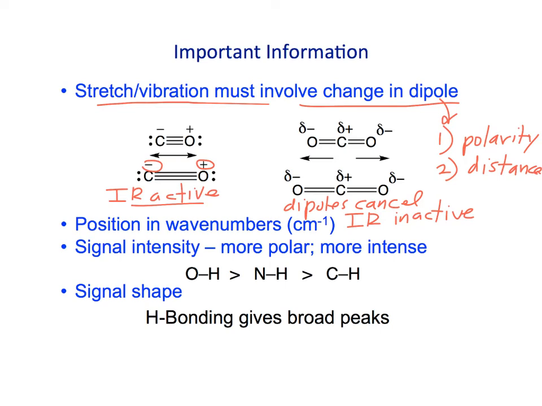So if we had a stretch for carbon dioxide that stretched this way and contracted this way, then they wouldn't cancel out, and we would get a net change in the dipole, so this one over here would be IR active.